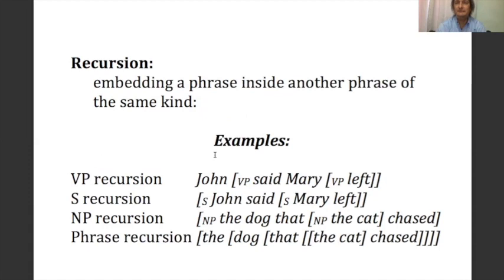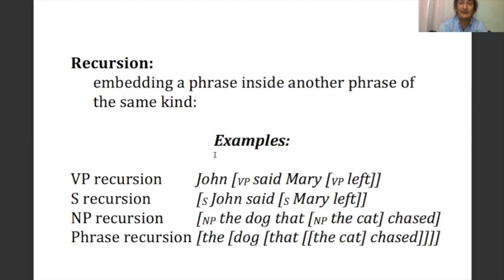So recursion can be demonstrated in many different ways. In the older days of generative grammar, people focused on particular kinds of expressions. Verb phrases, VPs. We have the verb phrase left. We have the verb phrase said Mary left.